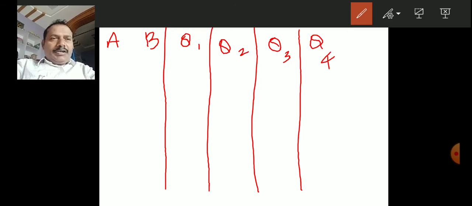This is an important truth table we have to draw. And output Y.